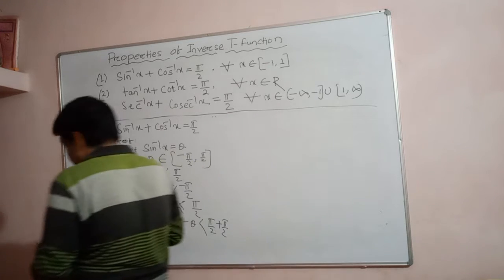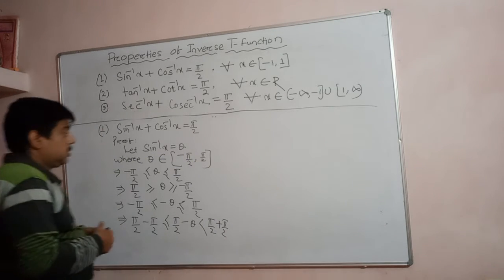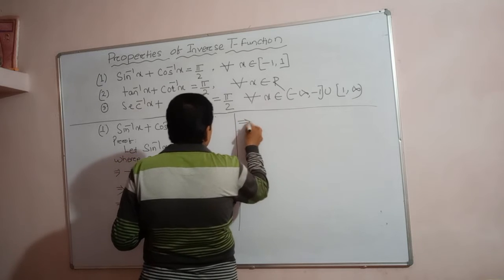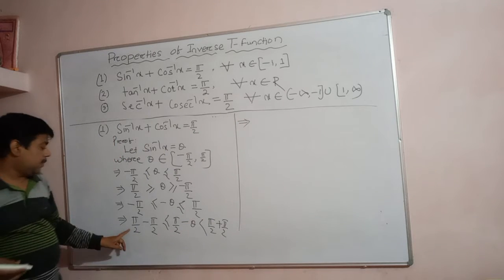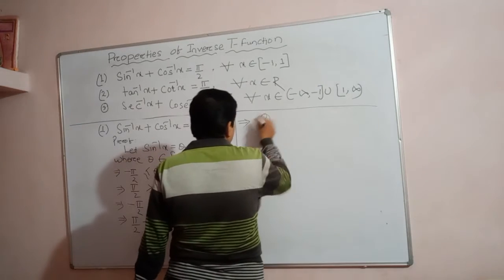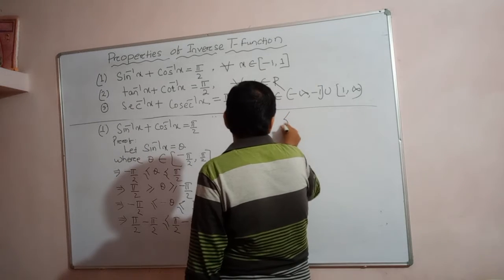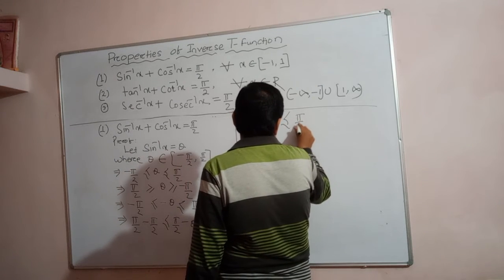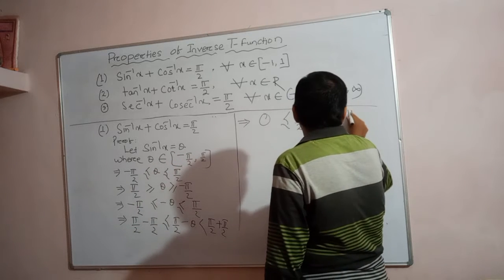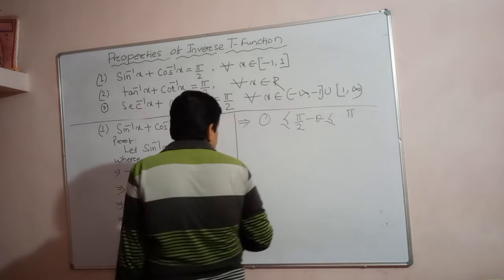So you see now, look here. This pi by 2 minus pi by 2 will be 0. Less than or equal to pi by 2 minus theta, and less than or equal to pi by 2 plus pi by 2, which is pi.